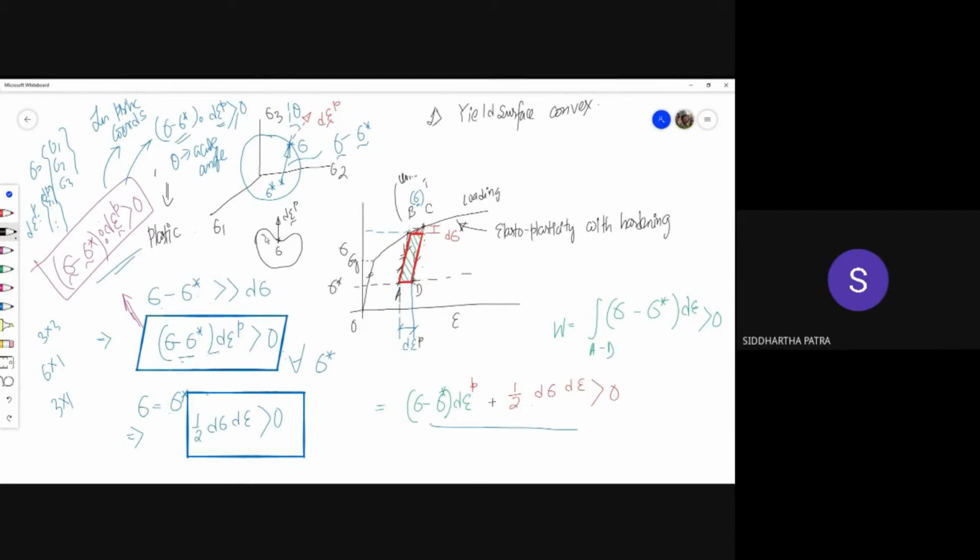And let's say this one is your sigma star. Then if I draw sigma minus sigma star, that vector makes an angle theta which is greater than 90 degrees, and then it would not be possible for us to satisfy this condition.